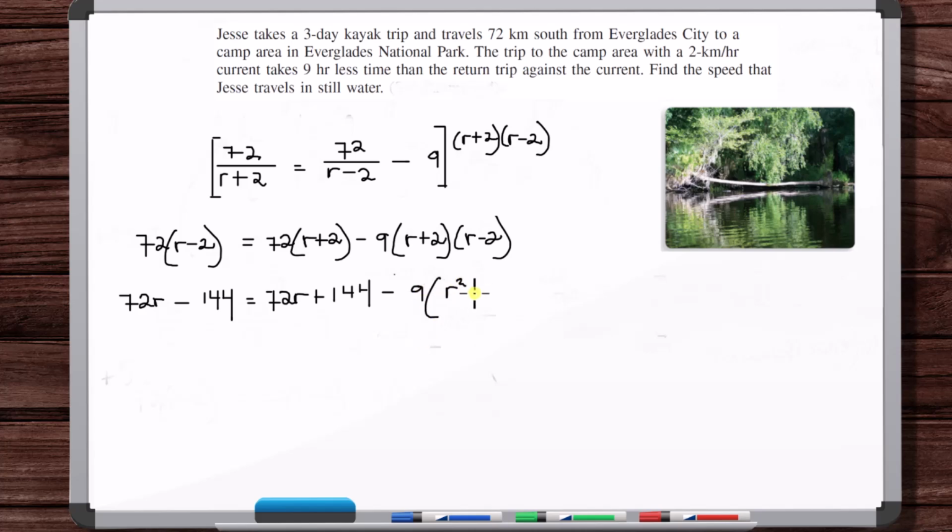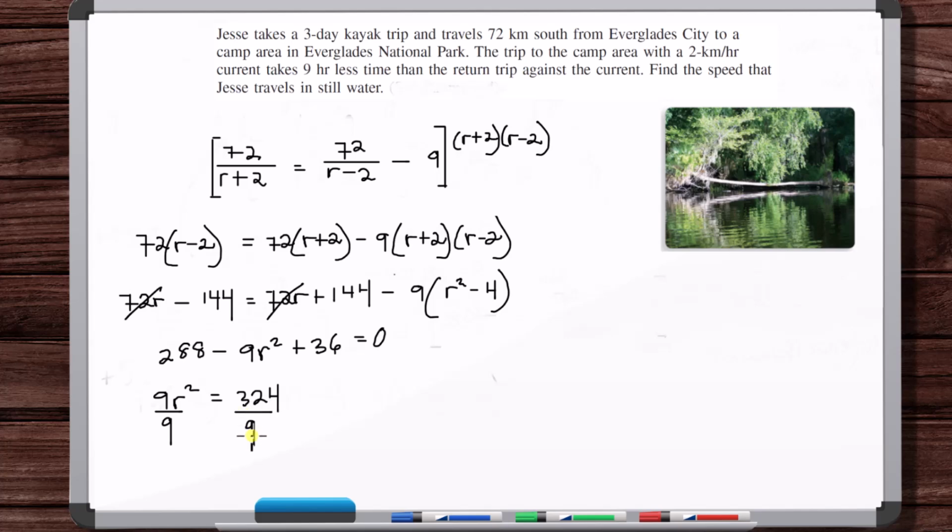So we got R squared plus 2R minus 2R, and then minus 4. Okay. So the 72R cancels. Okay. We add 144 to both sides. You get 288 equals 9R squared minus 36. Okay. So 9R squared is equal to 324.